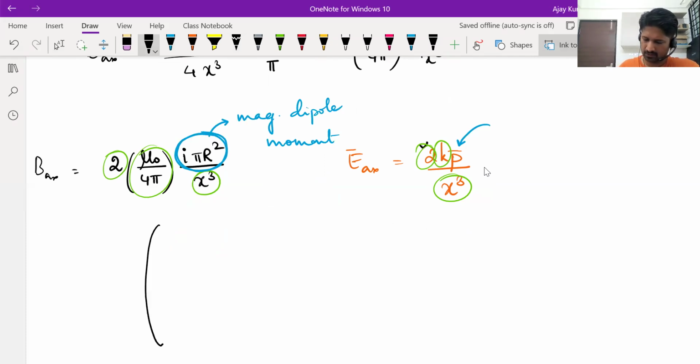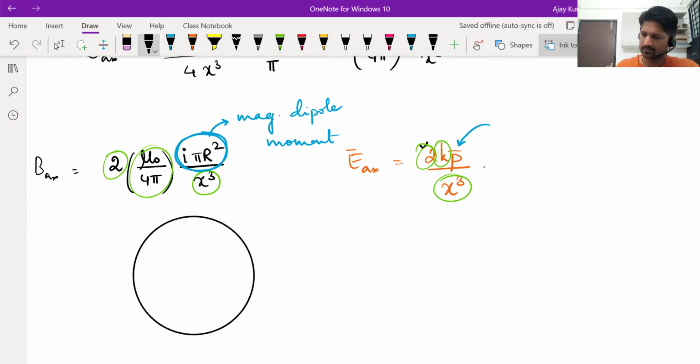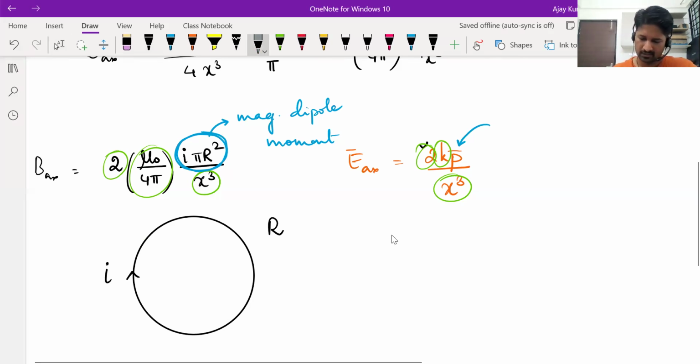So if there is a circular loop like this, carrying a current I, having a radius r, then its magnetic moment becomes I pi r square. I is the current. For this loop, what is pi r square? Area enclosed. Area of the loop, right? This area.